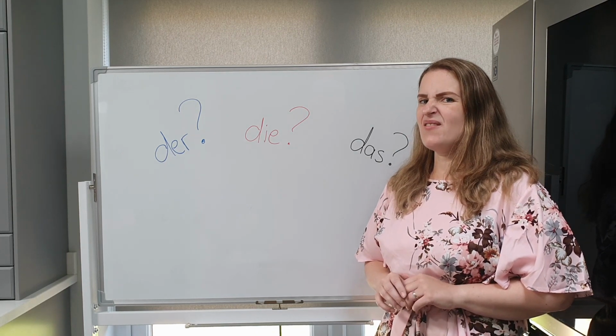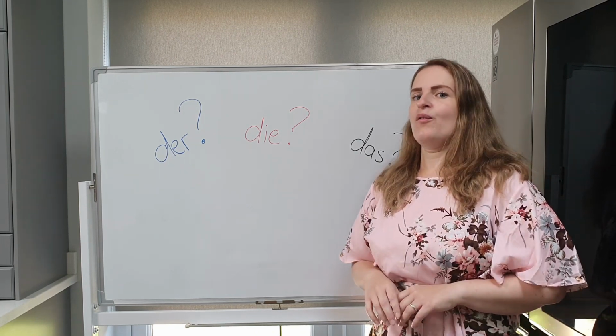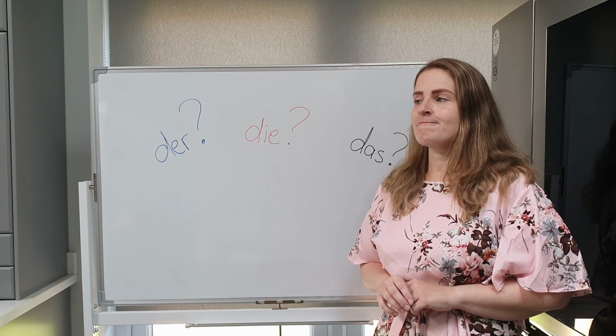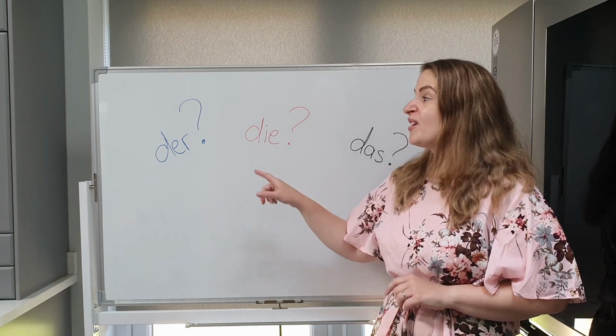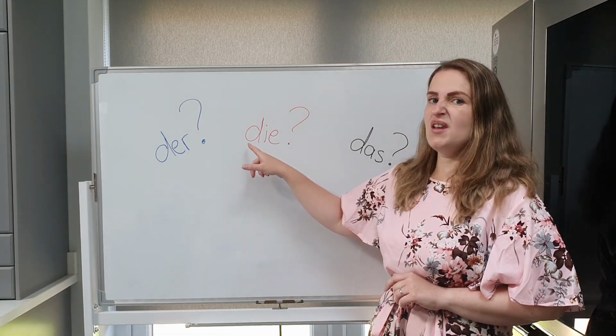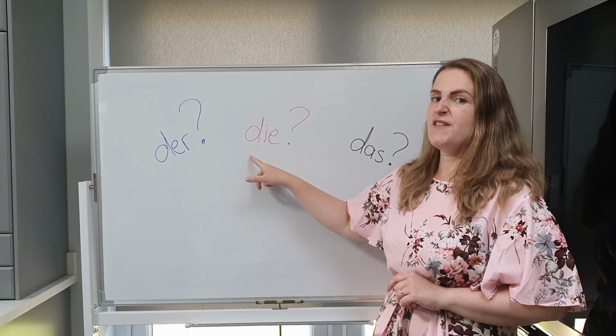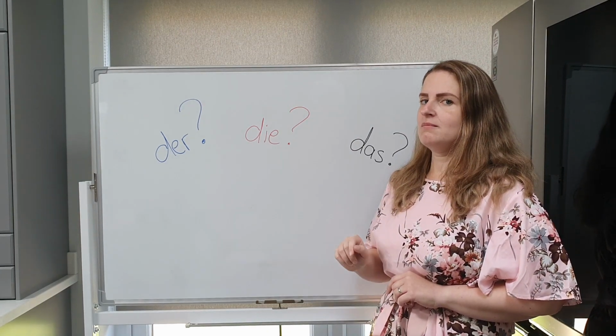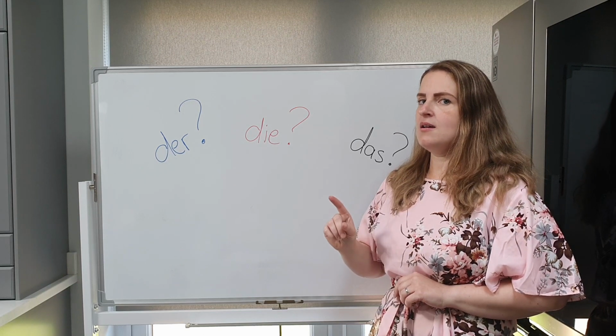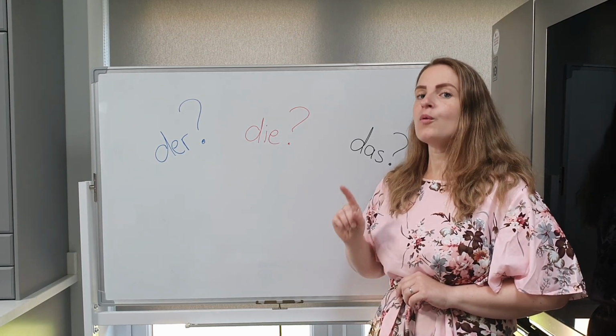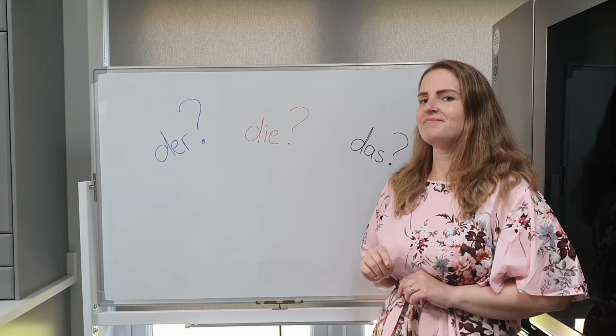And whenever you're unsure of which article to use, well, 47% of the nouns use the female die. But, like I said, try to learn the nouns with the right article.